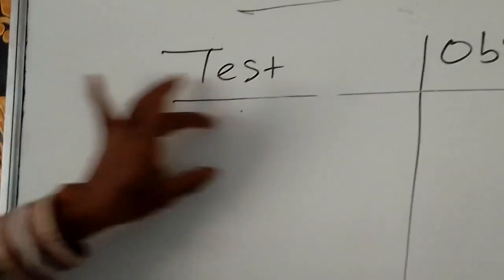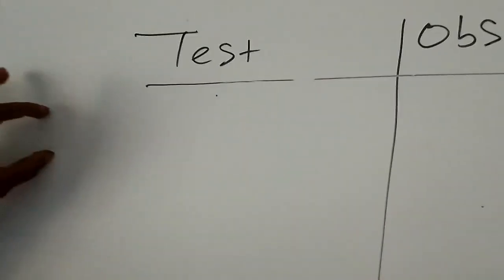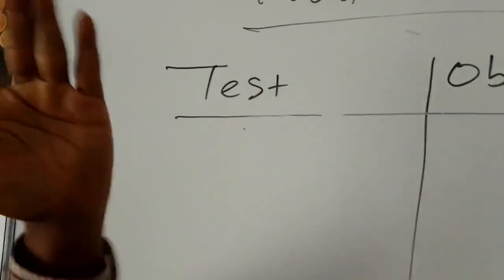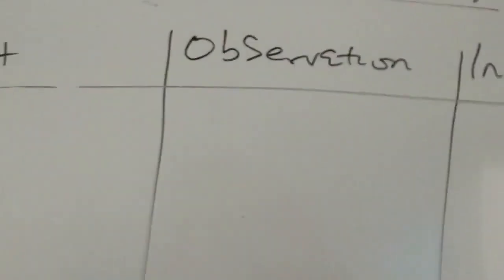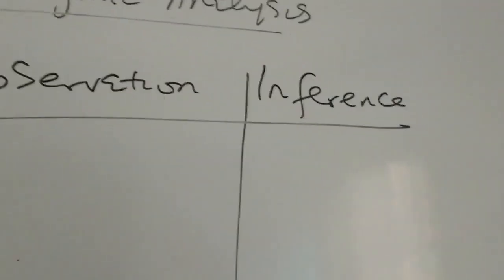If the test is wrong, no matter how beautiful it appears, your observation and your inference will score 0. They may be correct, but because the test is wrong, you're going to have 0 in the observation. Because the logic there is, how can you have a wrong experiment and have a correct result and inference? So you have to be very careful in your tests.